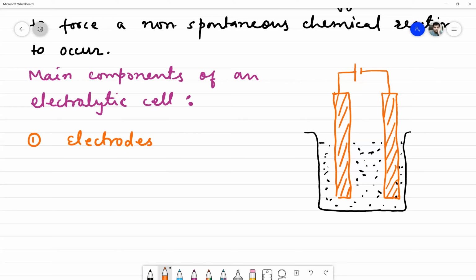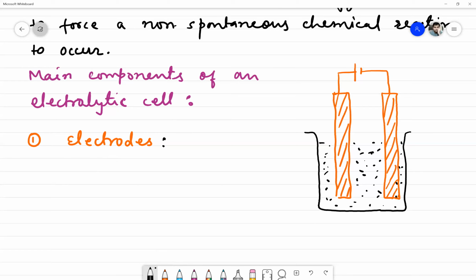So one electrode is called anode. Okay, let me first tell you, what is the electrode? What do you understand by the electrodes? Actually, electrodes are the solid conductors at whose surface oxidation or reduction reaction takes place. These electrodes may participate in the oxidation reaction or not, depending on their nature.